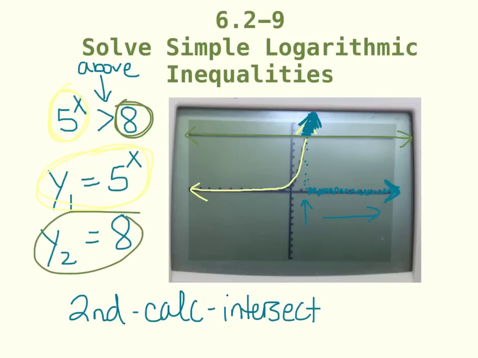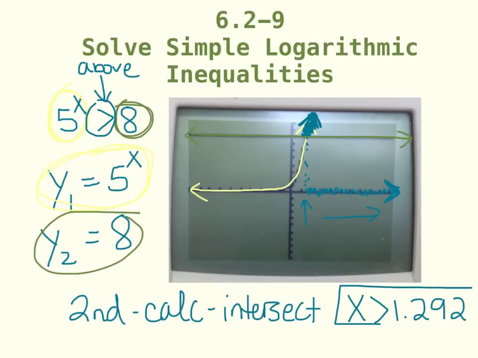For this particular one, it's 1.292, so we will say x is greater than because it's to the right, but we're not going to put equal to because we didn't have equal to in our original problem, so greater than 1.292. And that would be the solution to the inequality. All x greater than that number, if I plugged them in as this exponent, would make 5 to the x greater than 8.